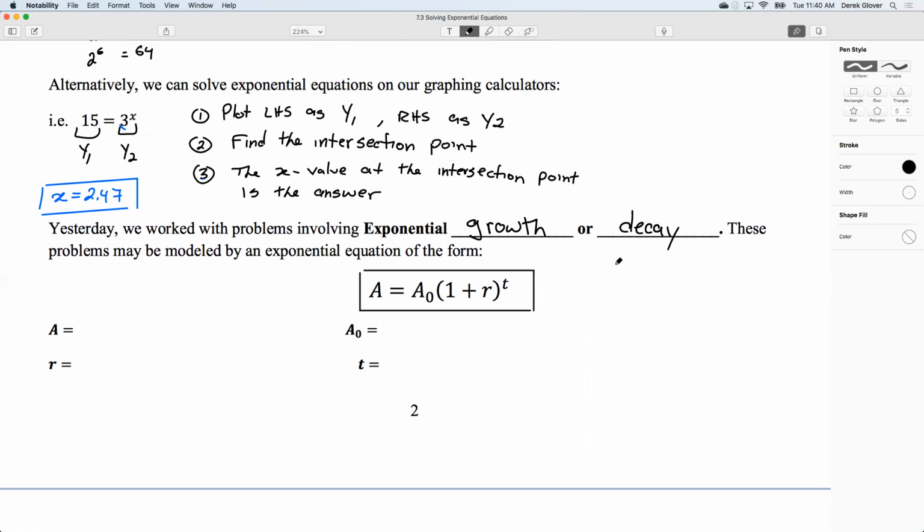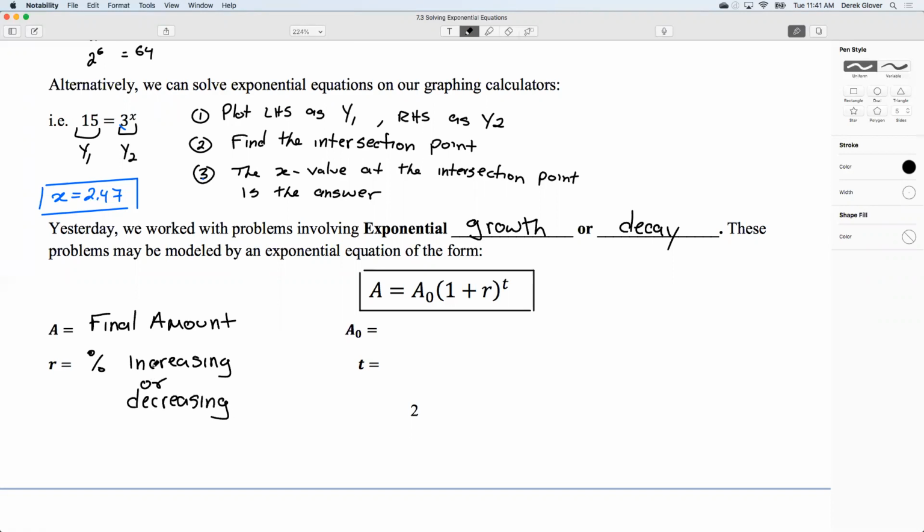A is going to be the final amount. That could be final amount of dollars, final amount of people. It could be the number of grams of something. That's just how much you have at the end. R is going to be the percent change, so I'll call R the percent increasing or decreasing.